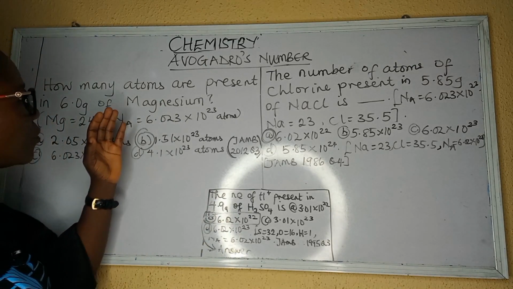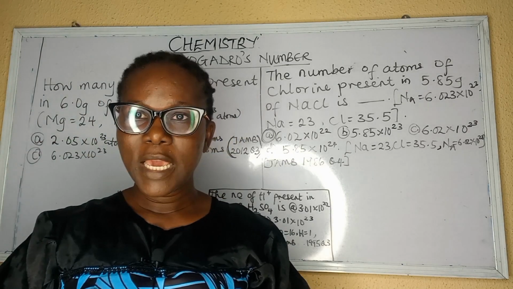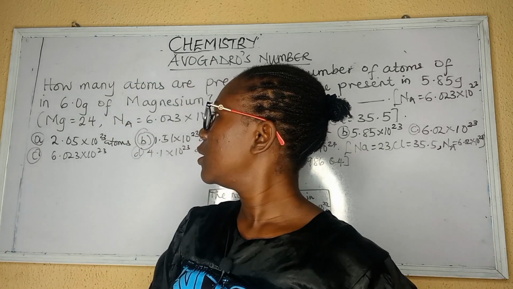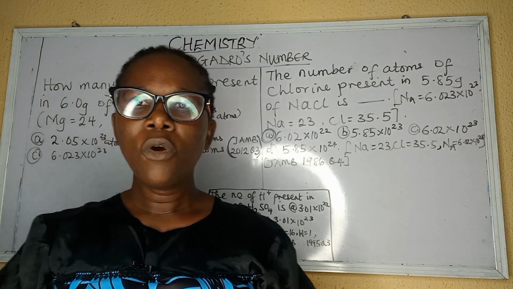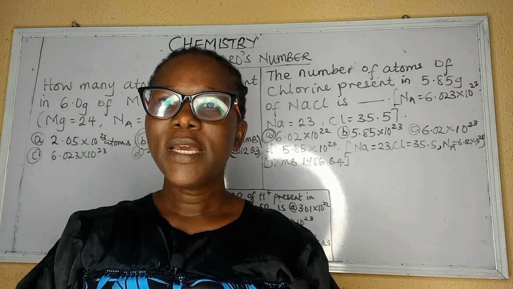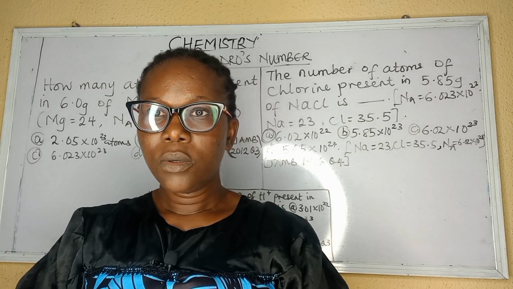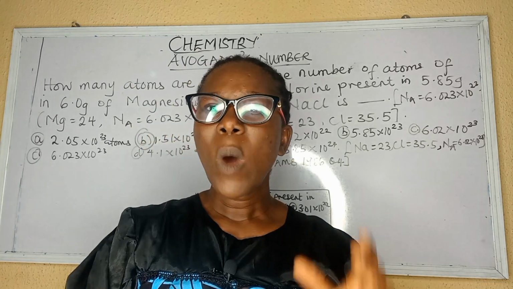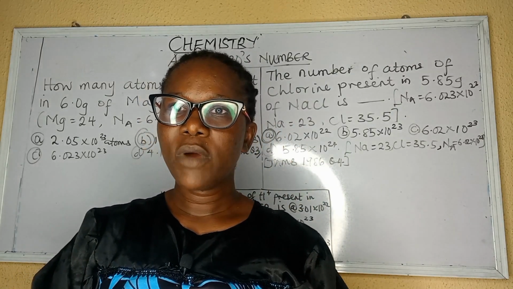Now, if you are asked to calculate the number of atoms in certain grams of an element, just take note of this. 1 mole of any element, whether a gas or a solid, contains 1 Avogadro's number.